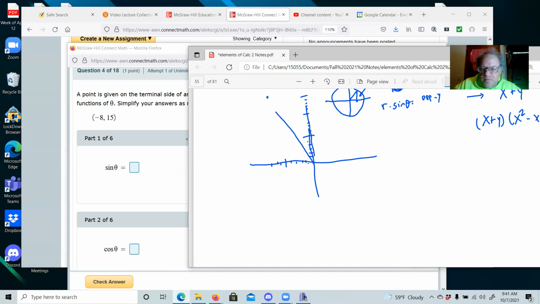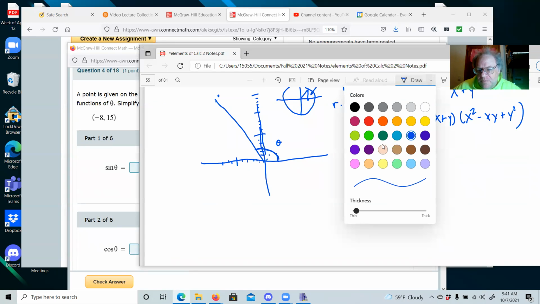What we're really going to be doing, the goal, is we want the trigonometric ratios of this angle here. If I just draw it in the first quadrant, drawing the same angle, pretend it's going to be the same.